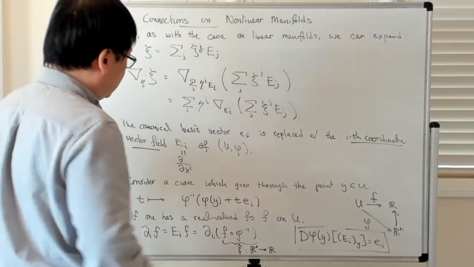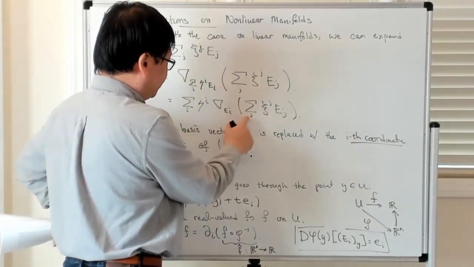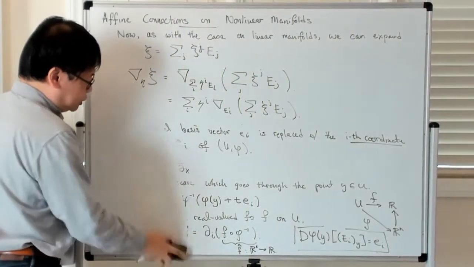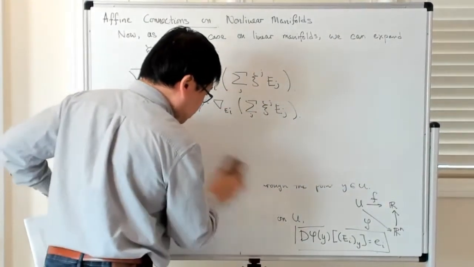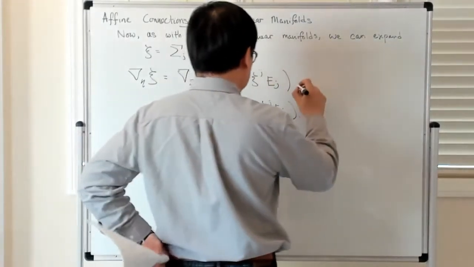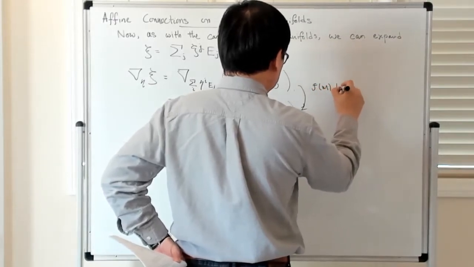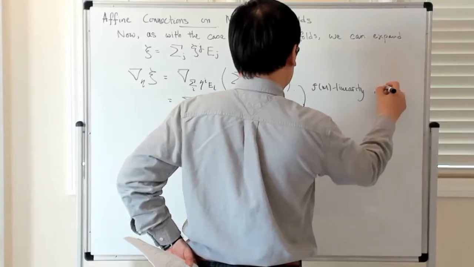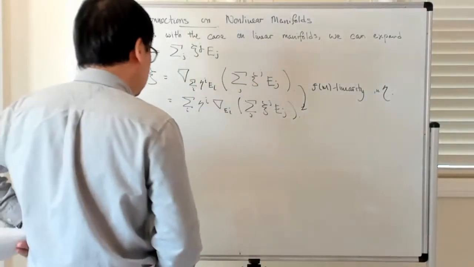Then what you do is use R linearity to break this up. Maybe I will break it up into two steps just to be crystal clear what is going on. So this is FM linearity in the first variable, right?